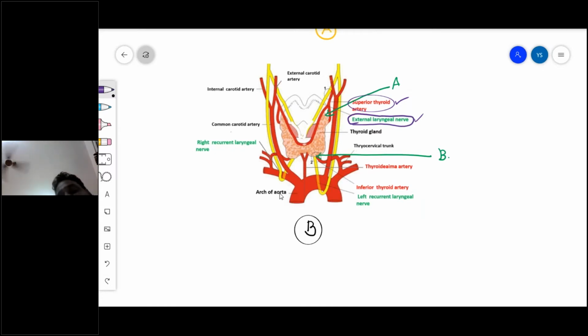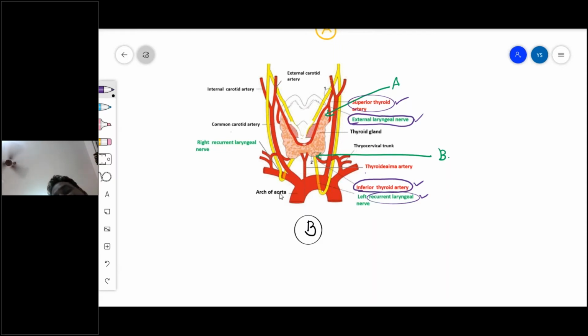Base is related to one artery, one nerve, like the apex. That artery is the inferior thyroid artery, I'm showing with blue color circle. And the nerve is the recurrent laryngeal nerve below that. So these are the relations of the base.